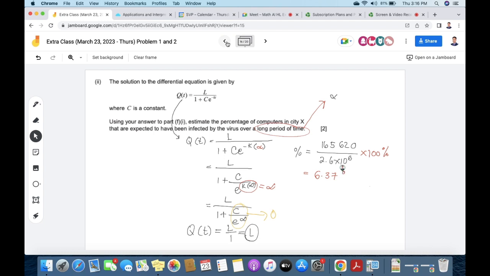So this will be the percentage of computers infected. All right, and that's it. Questions, clarifications? Okay, and that's how we finish this paper 3.